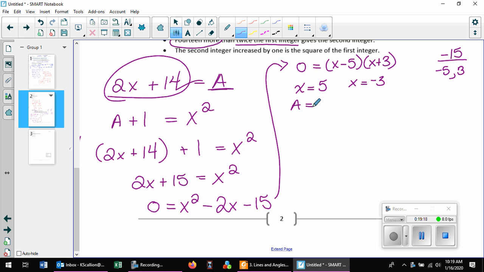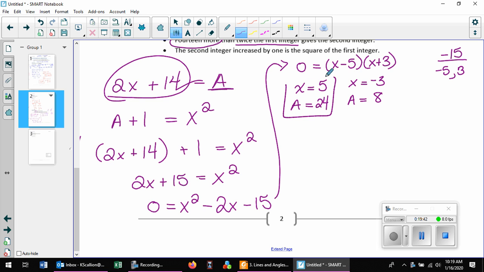So 2 times 5 is 10, 10 plus 14 is 24. I probably wouldn't do it into this, but this would be 25 minus 1, which would also be 24. And then if I put in negative 3, I have a negative 6.